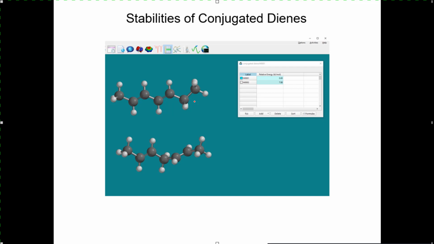On the top molecule, there is a double bond there, and there's a double bond there. They're separated by one single bond. Down here, the double bond is here, and there's a double bond there, and that is separated by 2 single bonds. So the bottom one is isolated, while the top diene is conjugated.